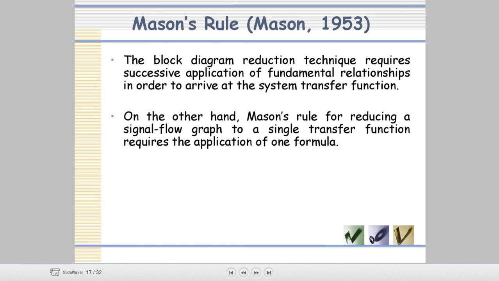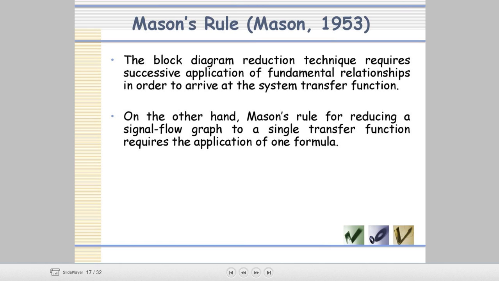Now very important part, these were the basic terminologies and introduction of the signal flow graph. Now moving towards next, this will be asked in exam for 2 to 3 marks. Mason's gain rule. Mason's rule was invented in 1953.